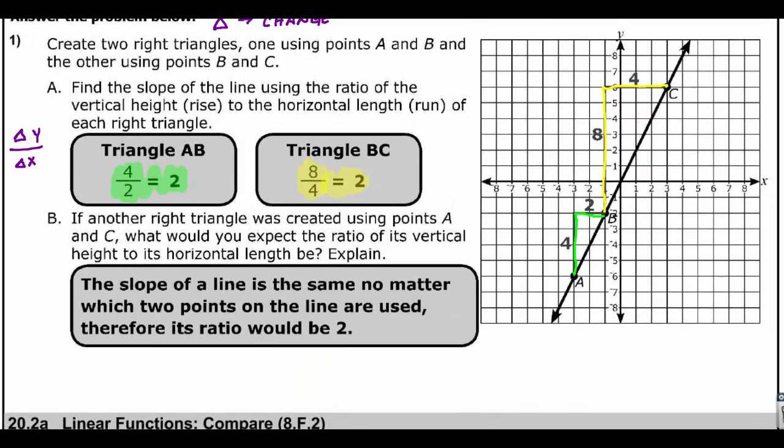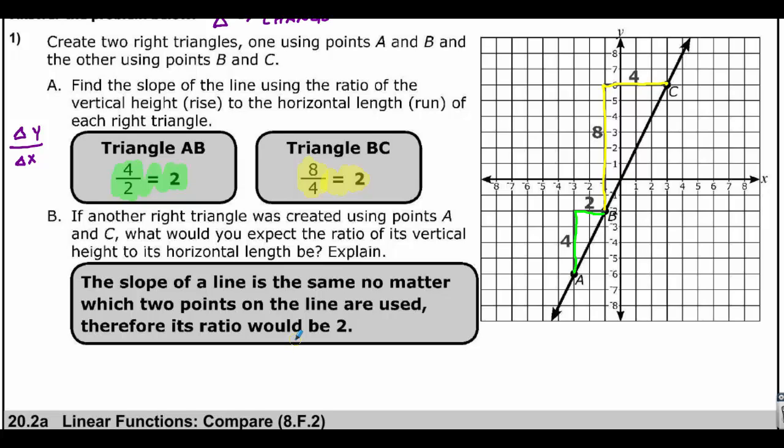Their second question is, if you did another triangle and you went all the way from A to C, what would you expect to get and why? You'd expect to get 2. The slope does not change. The slope anywhere along the line does not change. If you went to a little part of this line, let's say right here, that little tiny piece, that's 2 to 1, change of 2.